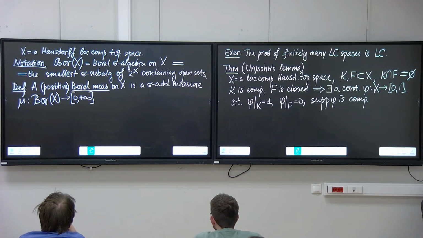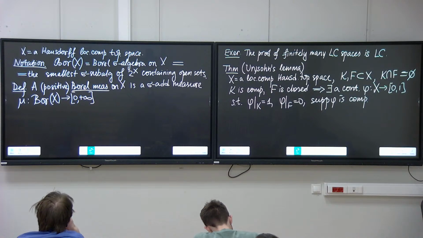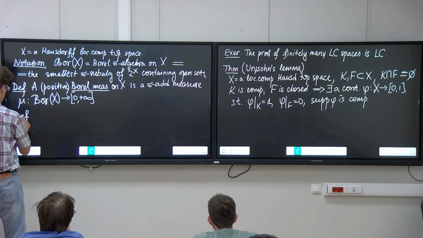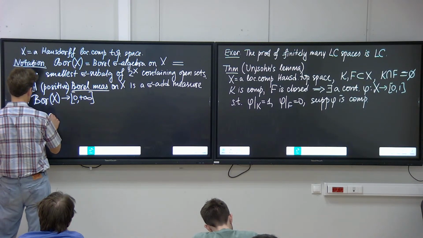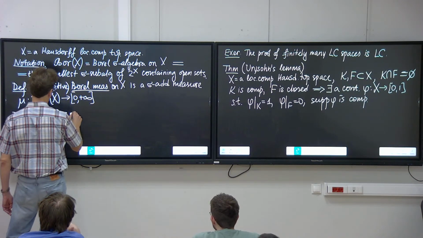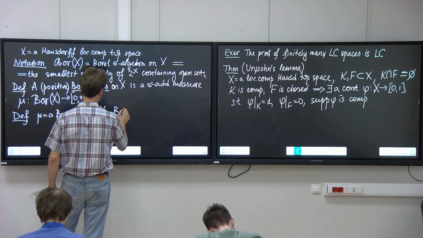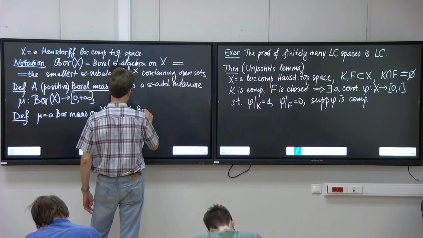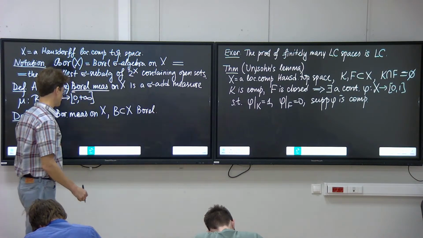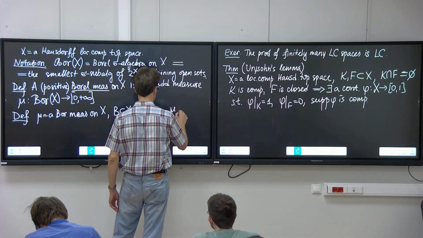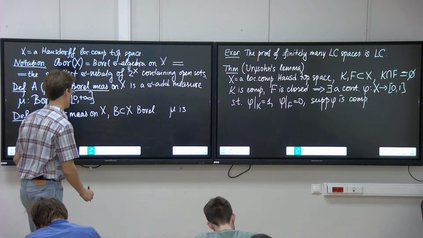Well, since X is a topological space, it's reasonable to consider those Borel measures which are in a sense compatible with the topology. So we have the following definition. Suppose that mu is a Borel measure on X, and suppose that B is a Borel subset of X. Actually we'll have two definitions.